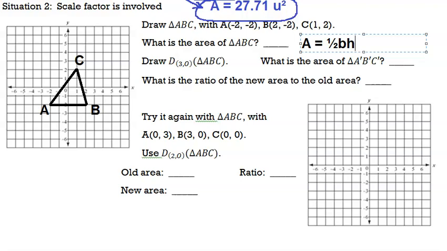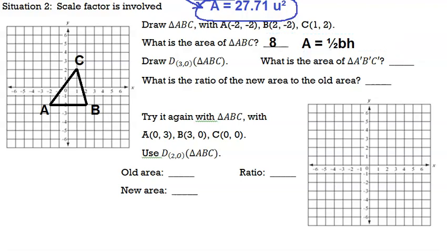The base is just from A to B going straight across. That is a base of 4. And then the height, if you go straight up and count the squares, 4 again. So 1/2 of 4 times 4. So half of 16 is 8.